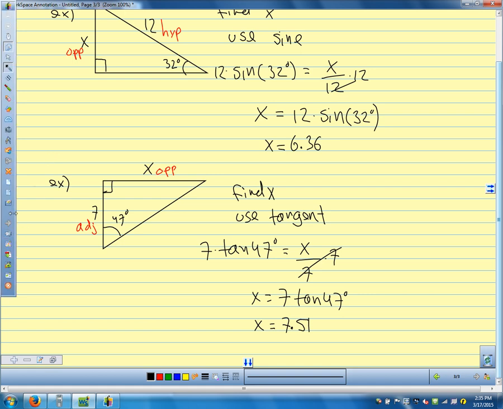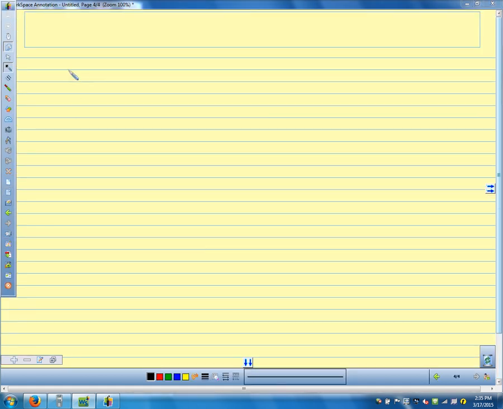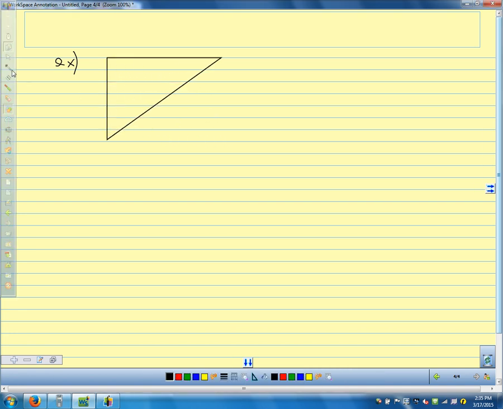All right, let's look at another one. All these problems are essentially the same, just how you set them up. So this one, a little different setup that we need to be careful with. So here's my setup.